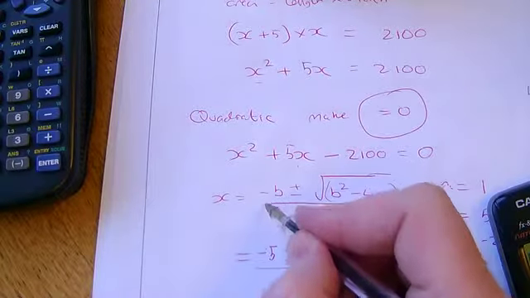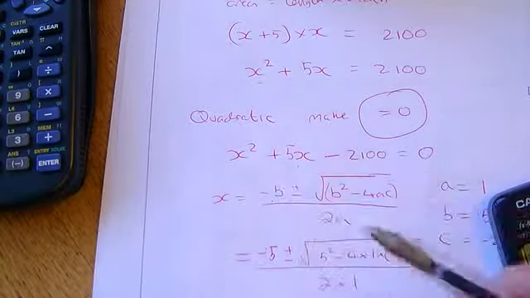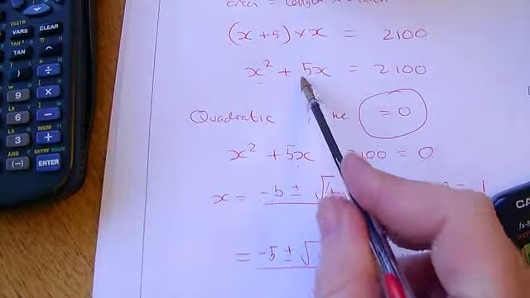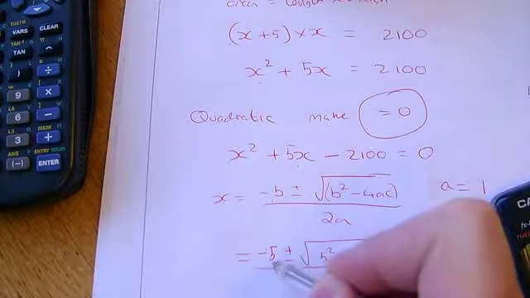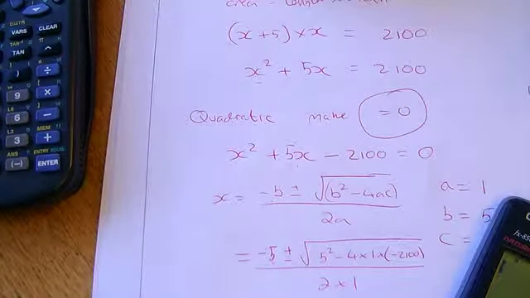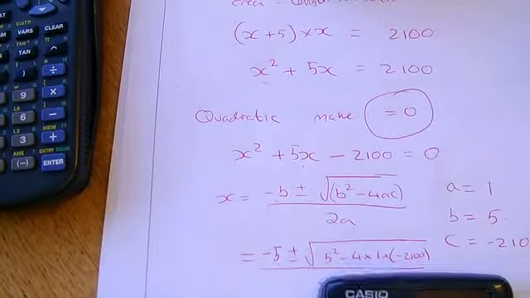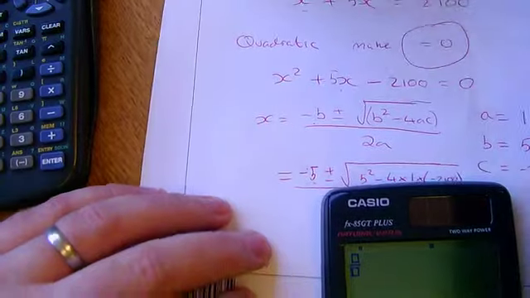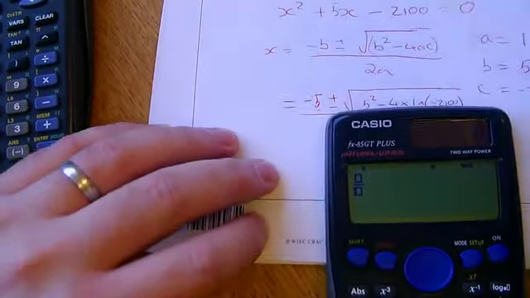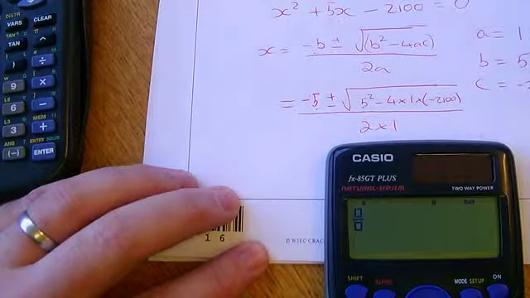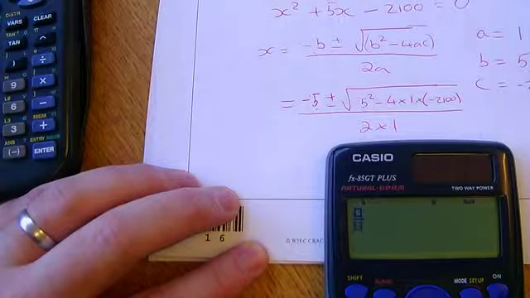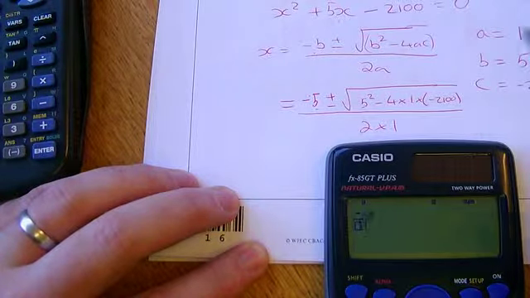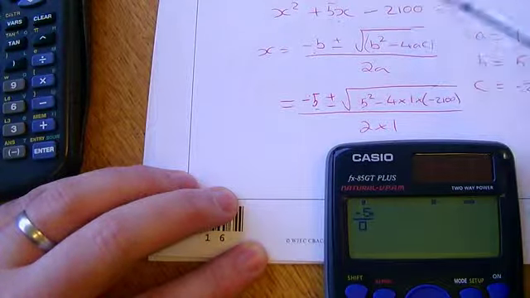And that minus B there, all that first minus B does, it flips the sign of whatever B is. So because B is plus 5, in this equation it becomes minus 5. Okay? Use the fraction button and put it in. C is the number on its own.